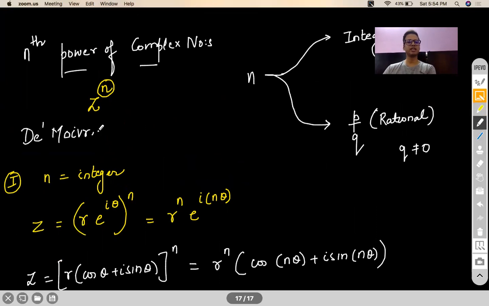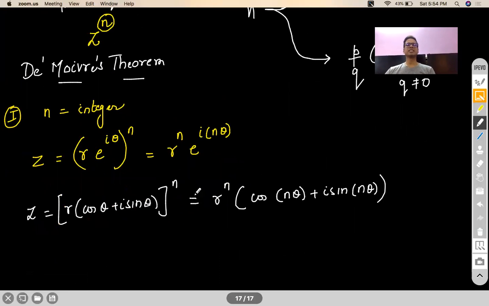So this is called De Moivre's theorem. Some of you would have learned French in your school. So when you're raising a complex number to an integral power, this is what you can actually write for the answer. Is this fine?